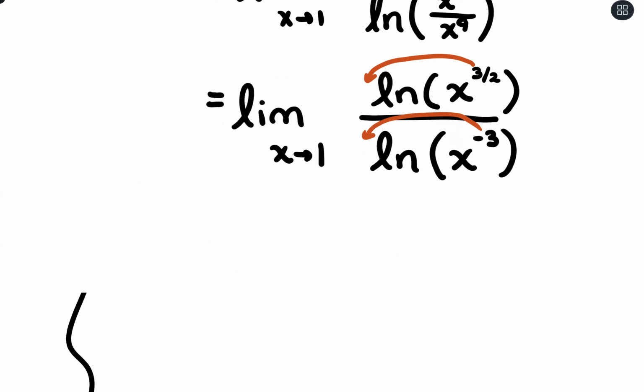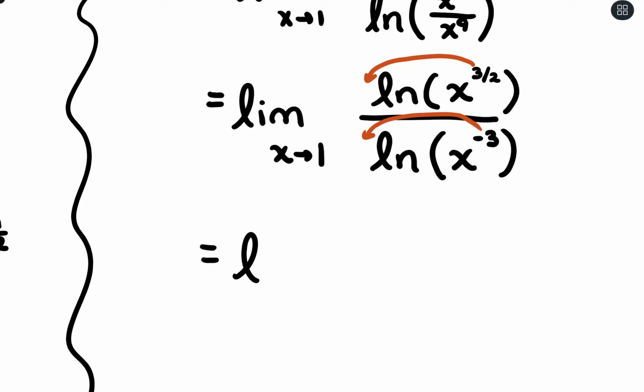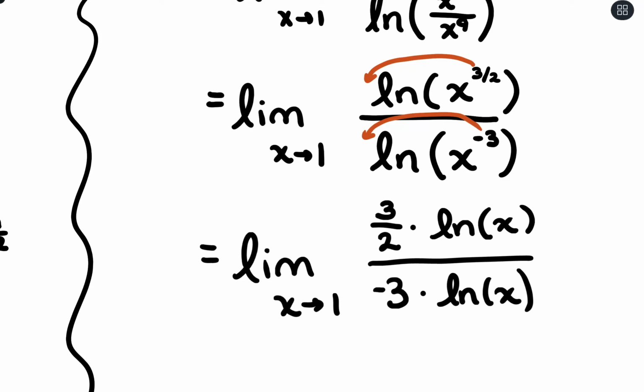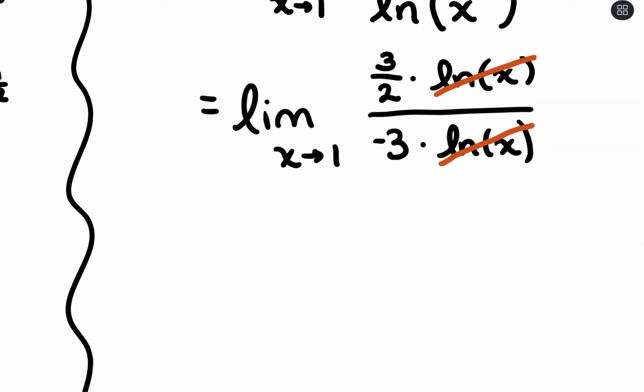So, we still haven't evaluated the limit, I'm just simplifying the function this whole time, but we have 3/2 times the natural log of x over -3 times natural log of x. If I still plug in x equals 1 here, I'm still getting a 0, but now we get a nice cancellation of these natural log of x's. We can cancel those. So really, I actually just end up with a constant.